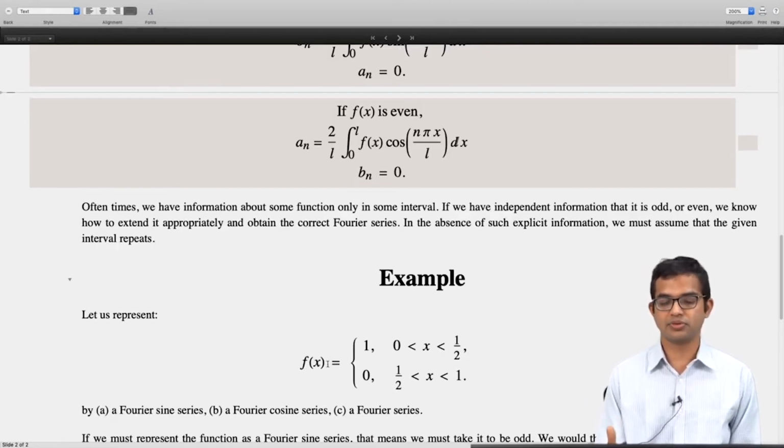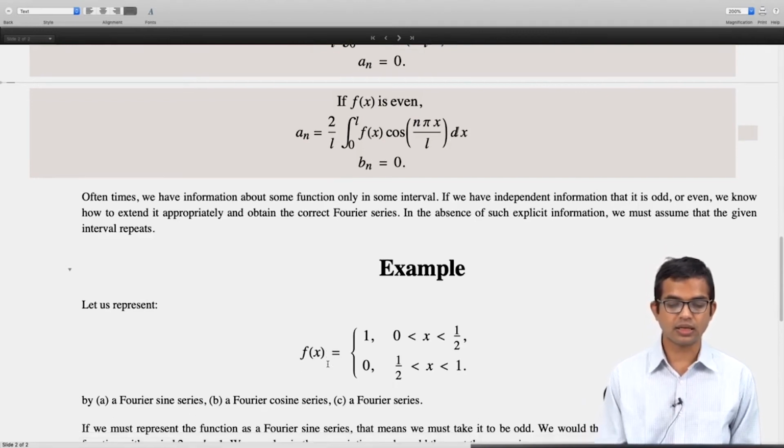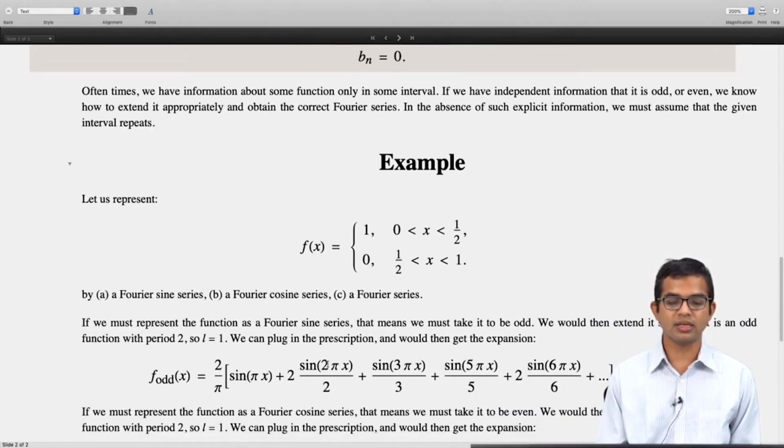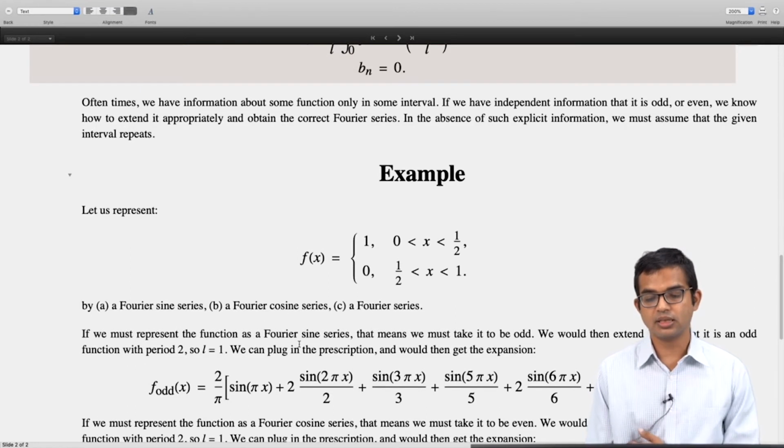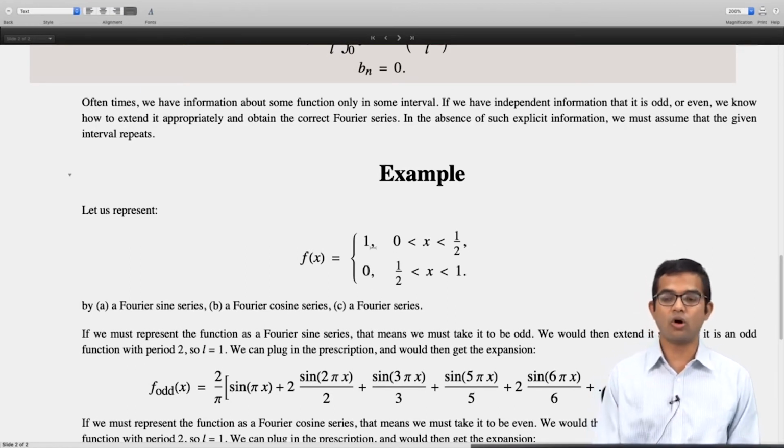Or if you just want to construct a Fourier series, assuming that this is one full period of this function, then that's the third kind. So let's look at all these three, and you see how the Fourier expansion would change. If we must represent this function as a Fourier sine series, that means we must take it to be odd, right?